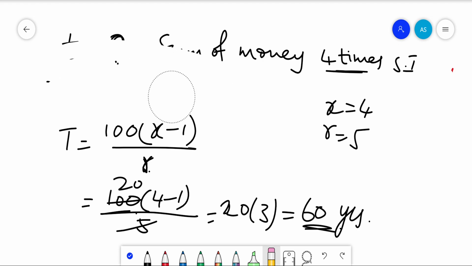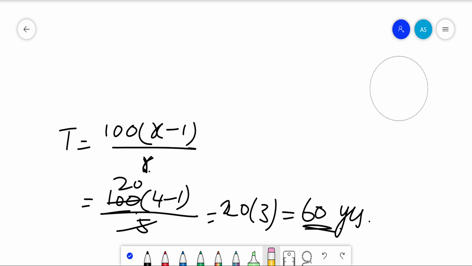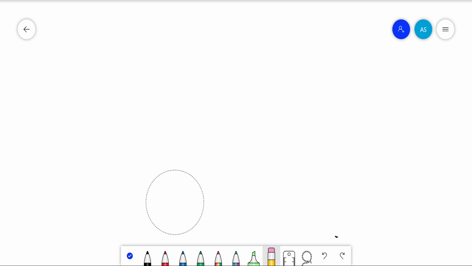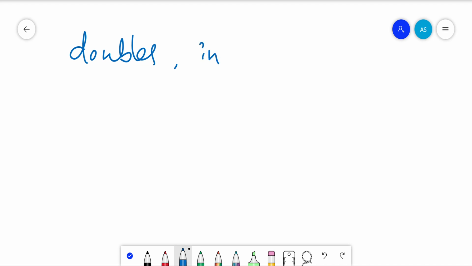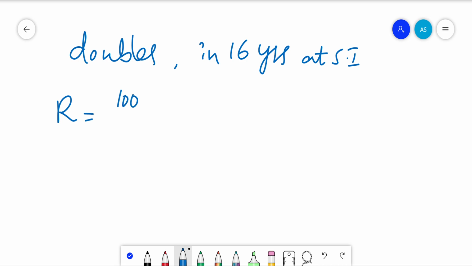Okay. One more question we will discuss in the same model. A sum of money doubles itself in 16 years at simple interest. Then find the rate of interest. Rate of interest R is equal to 100 into (x minus 1) by t.